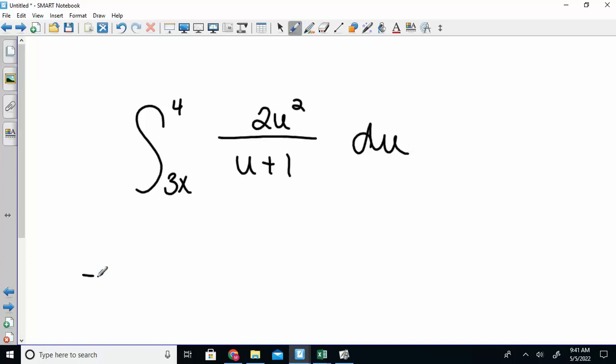But fundamental theorem needs to go from a constant up to the variable. So what would I have to put in front? A negative. Then I replace all of my u's with the 3x.